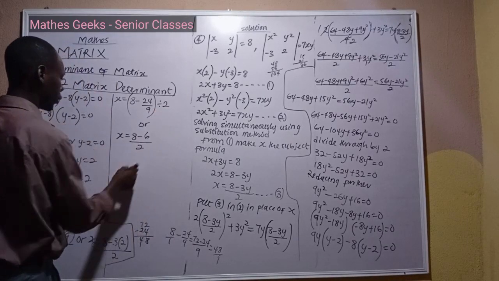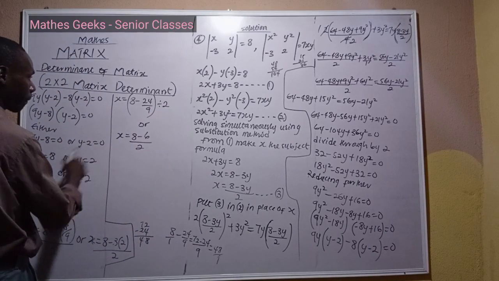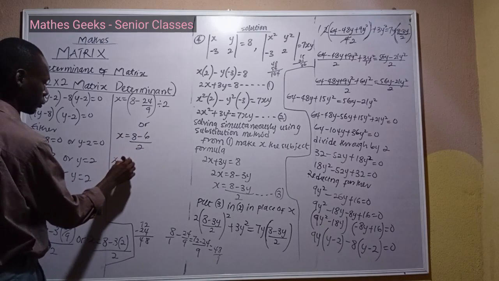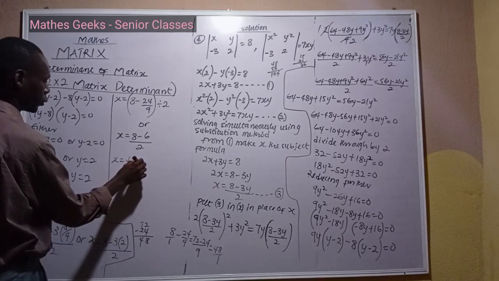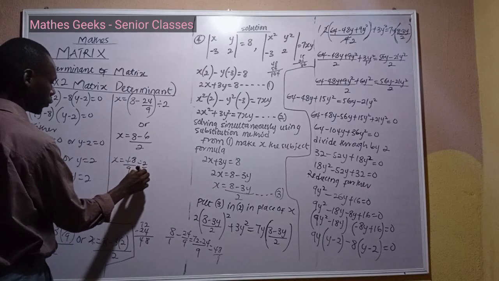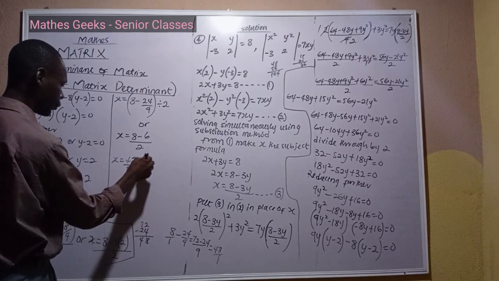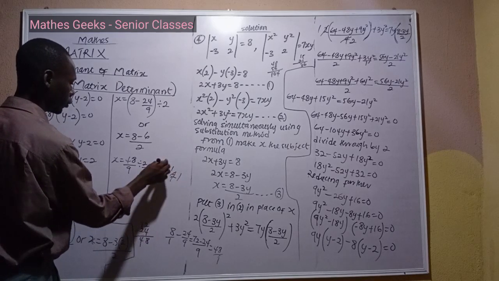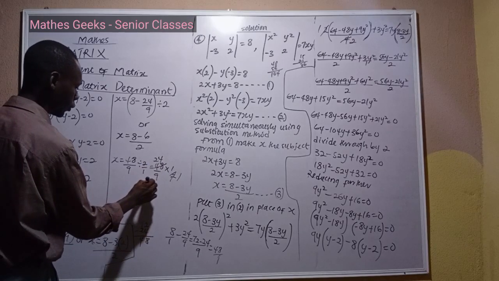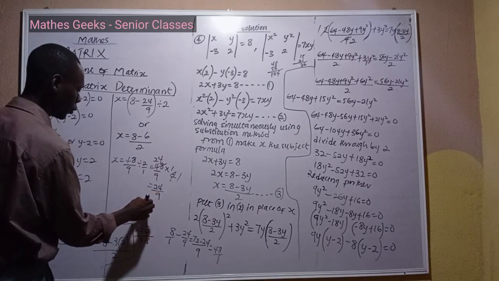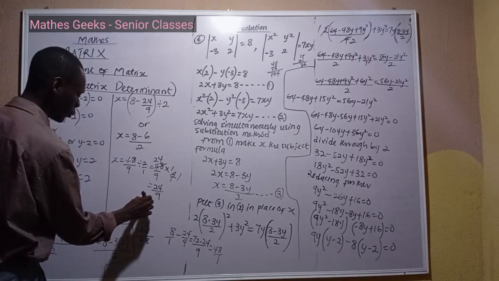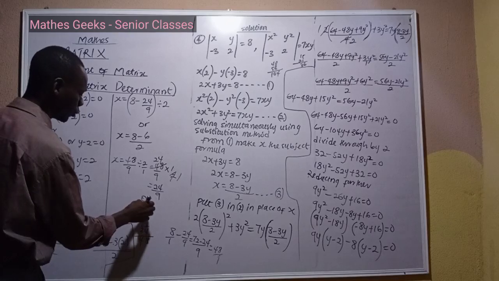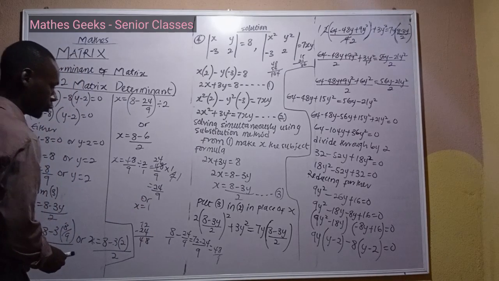Okay, so x is equal to 48 over 9 divided by 2 over 1, which is equal to 48 over 9 times 1 over 2. 2 into 48 is 24, so we have 24 over 9. Or x is equal to 8 minus 6 is 2, 2 divided by 2 is 1, or x equals 1.